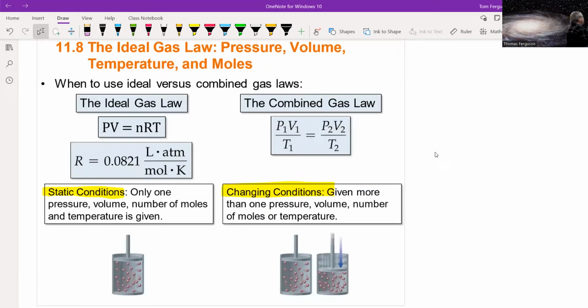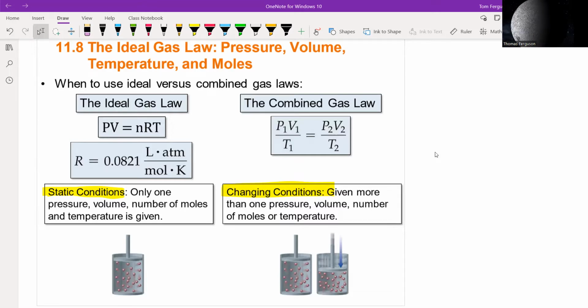Now, frequently questions will be given like this: if you have such and such a pressure and such and such a volume, what's the temperature? That's the static situation.